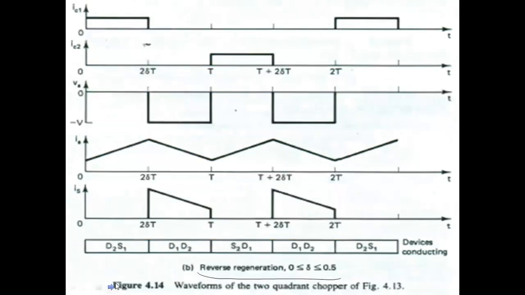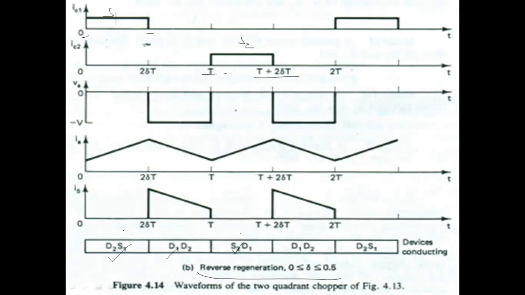Next, for regenerative braking, see here. From 0 to 2 delta T, S1 is on, and from T to T plus 2 delta T, S2 is on. So from here to here, S1 is on. Here diodes will be on, and again S2 is on, S1 is off.